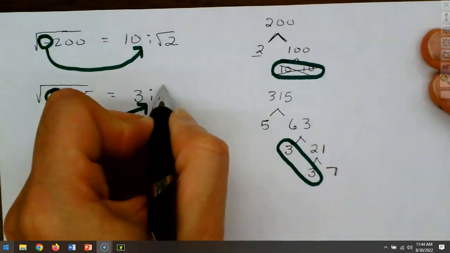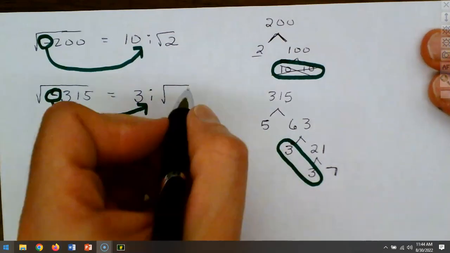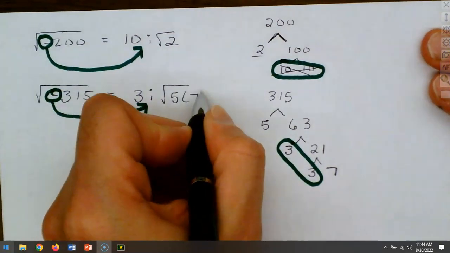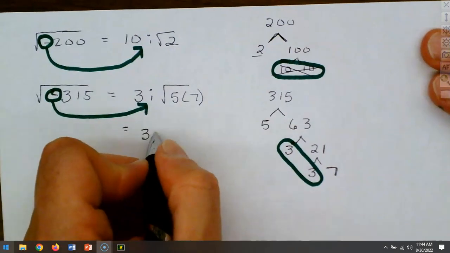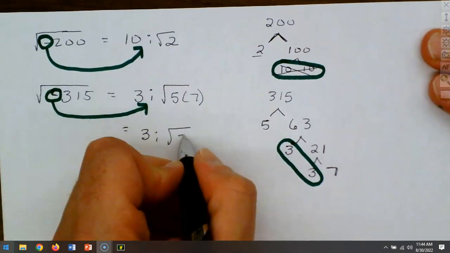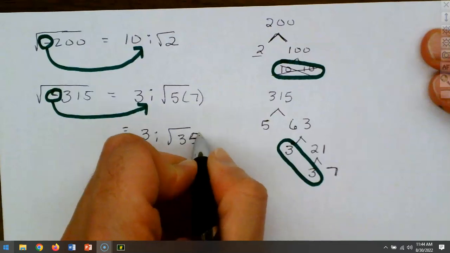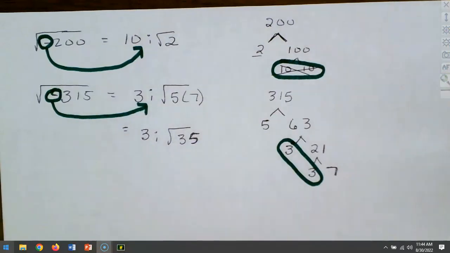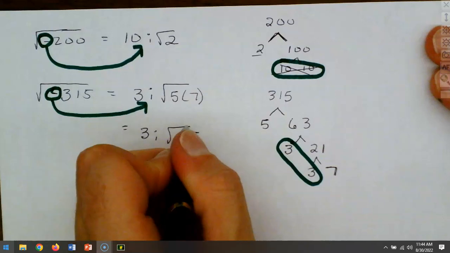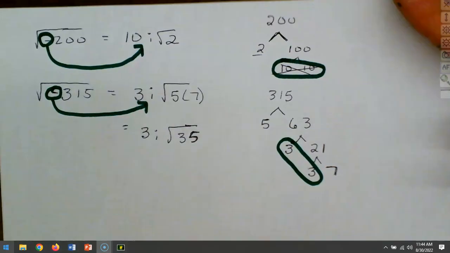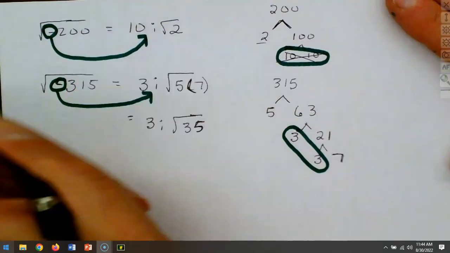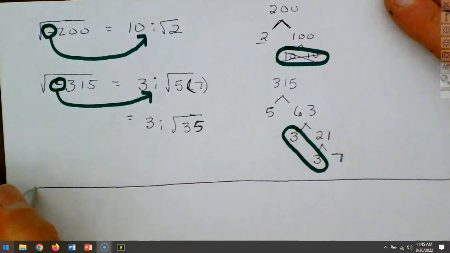And then what's left over? What's left over is 5 times 7, so we multiply those together. So that would come out as 3i square root of 35. Whatever is left over just gets multiplied together.